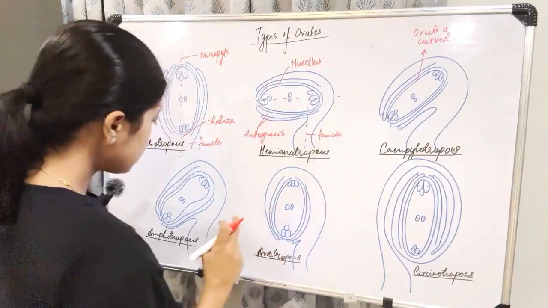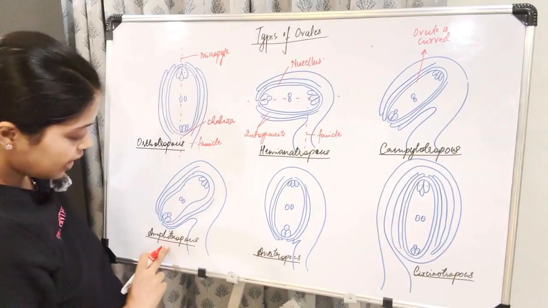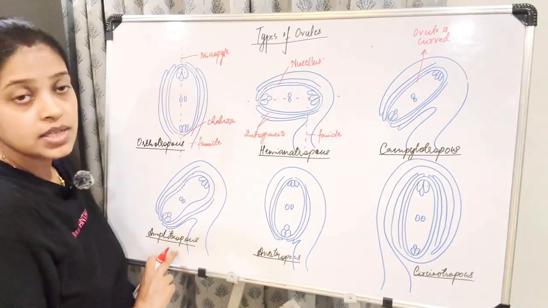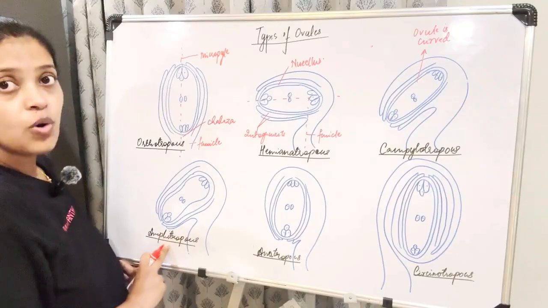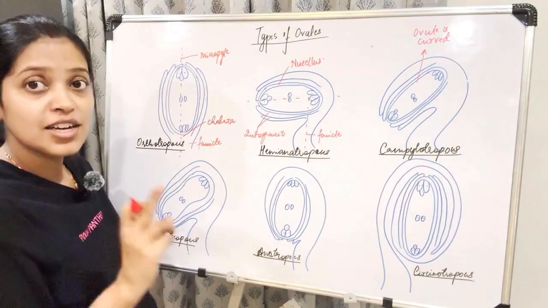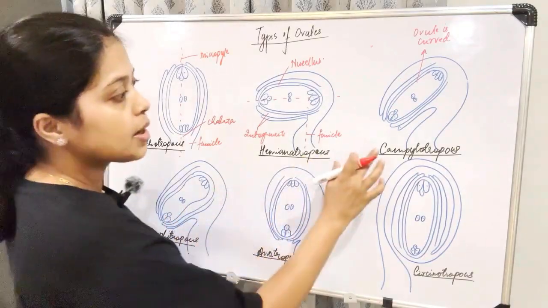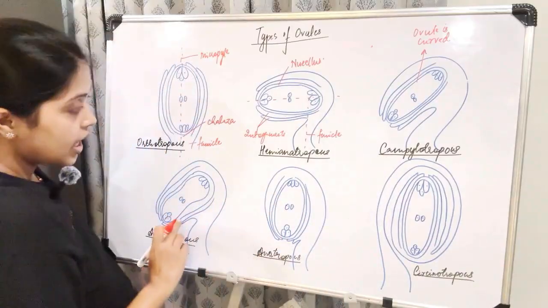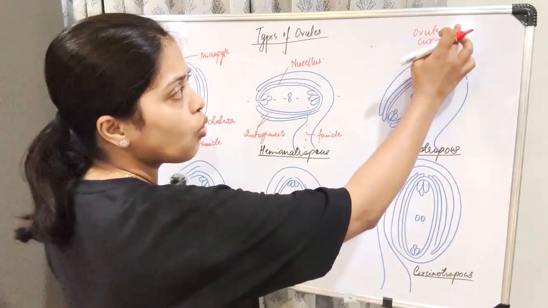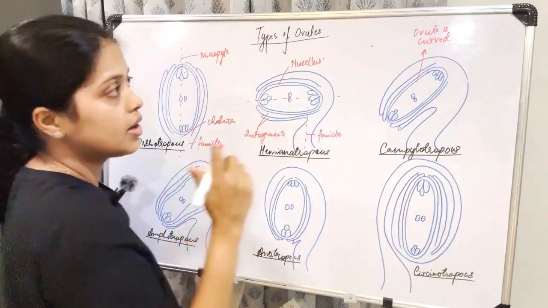Simple. Then another type we have is amphitropous. In amphitropous also the ovule is curved, but the difference with campylotropous is that in campylotropous the ovule curvature is moderate.